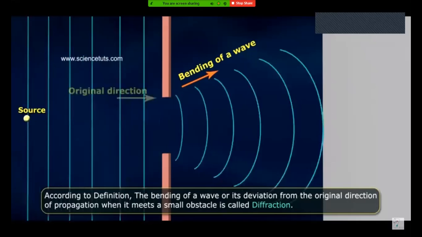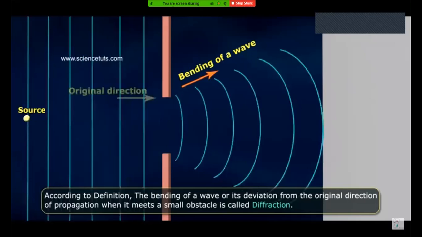It would have moved exactly in a straight line, and the light from this point would have fallen exactly at this point. So only this much part would have been illuminated, and there would have been a shadow zone on each side if this diameter was big.